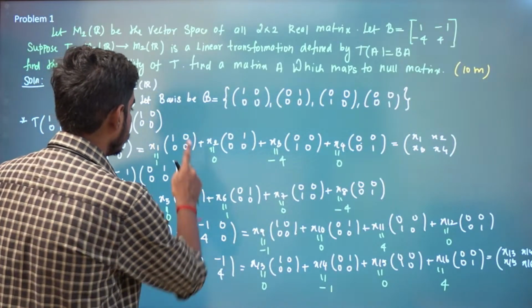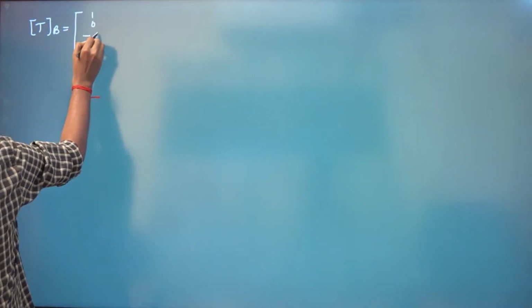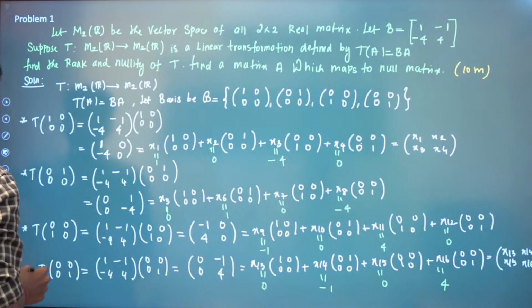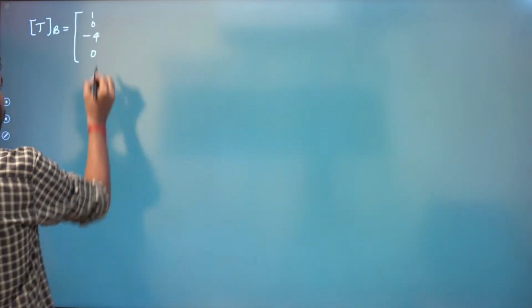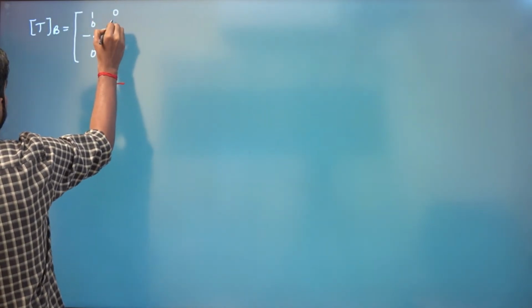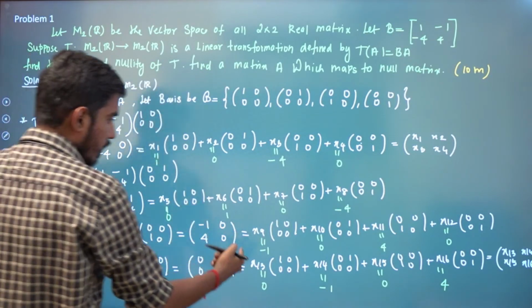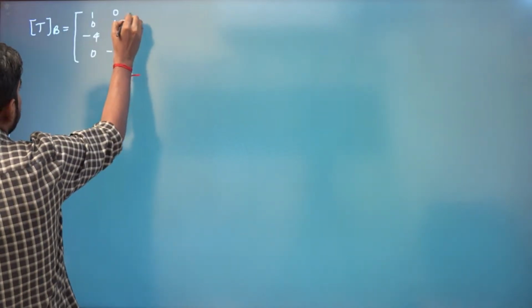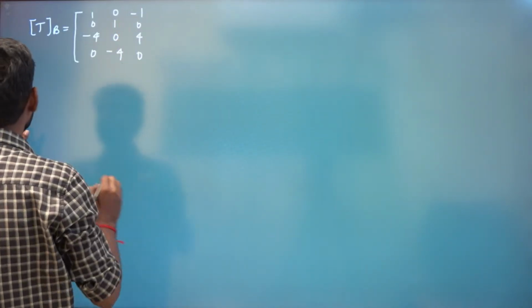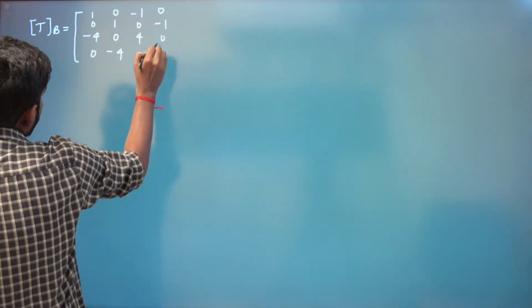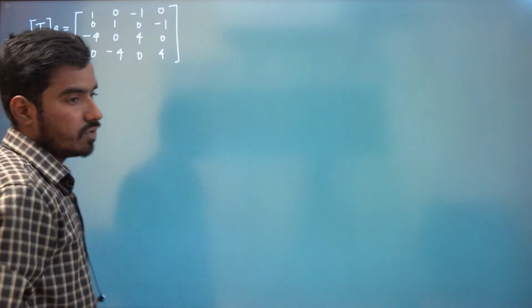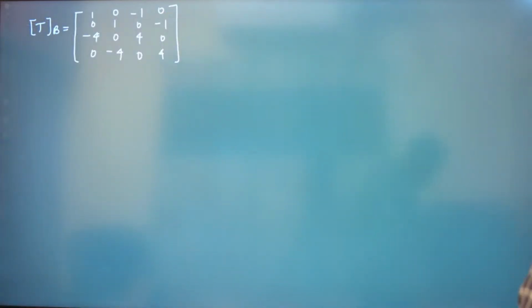So we will write this as 1 0 minus 4 0, and then 0 1 0 minus 4, and then third column is minus 1 0 4 0, and then 0 minus 1 0 4. This is the matrix of T with respect to the standard basis, right?